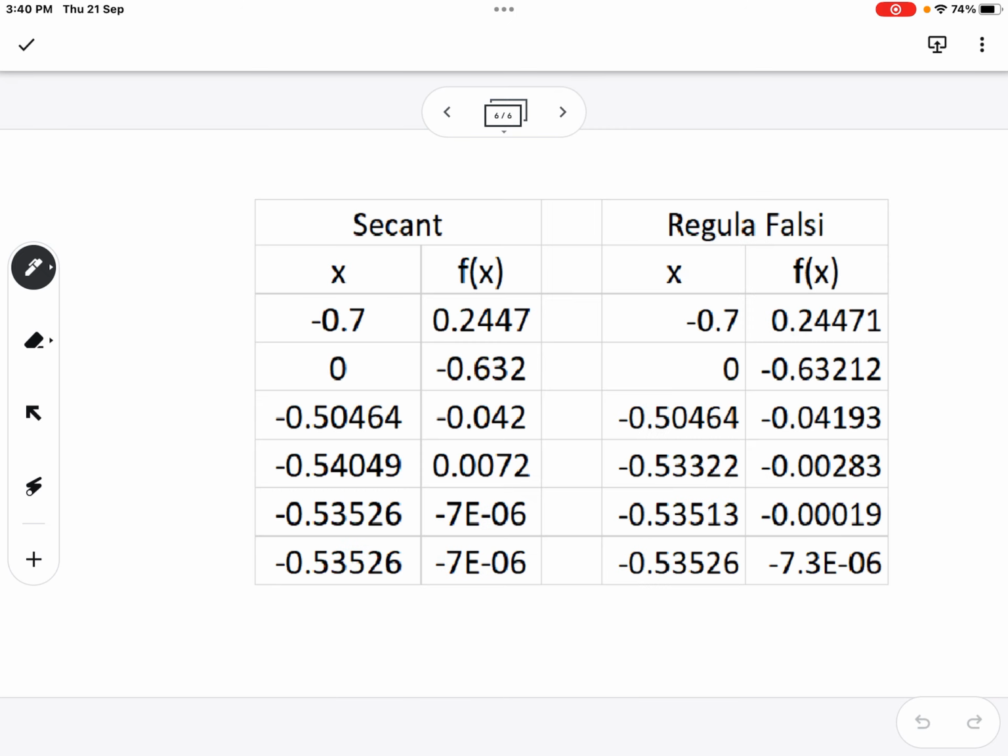If we compare it with the secant method, then we see that if the proper choice of the initial values is taken, then the secant method is faster than the regula falsi method.